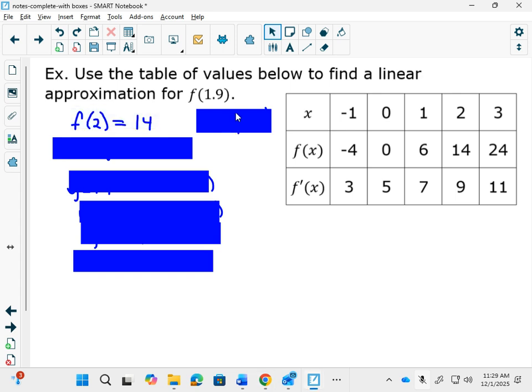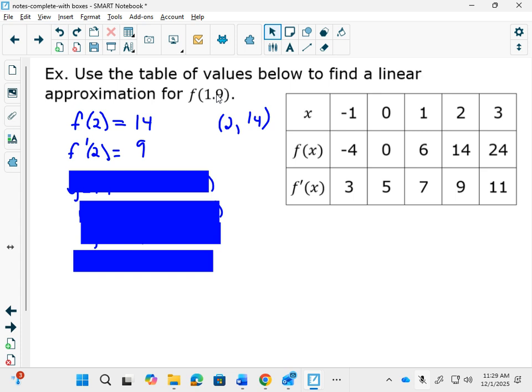So what do we know? We know the closest value to 1.9 would be 2. And we know that f of 2 is 14. We also know that f prime of 2 is 9. And now you have a point and a slope. So you can use y minus y1 equals m times (x minus x1).